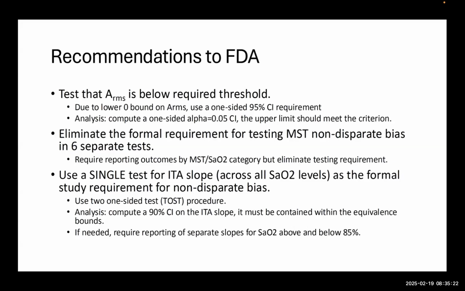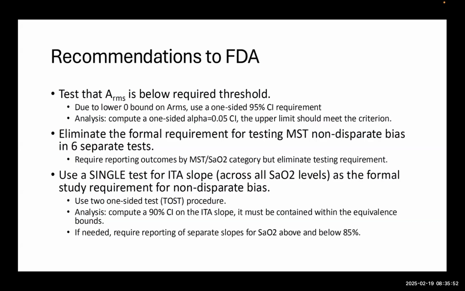Maybe we could require reporting the outcomes by those categories, given the confidence intervals, but not actually require that a separate statistical test be met for each of those. And for the ITA slope, you could easily just combine that into one SDS across all SaO2 levels and test a single test for ITA slope. That would give you 2 endpoints, ARMS and a formal test for non-disparate bias.